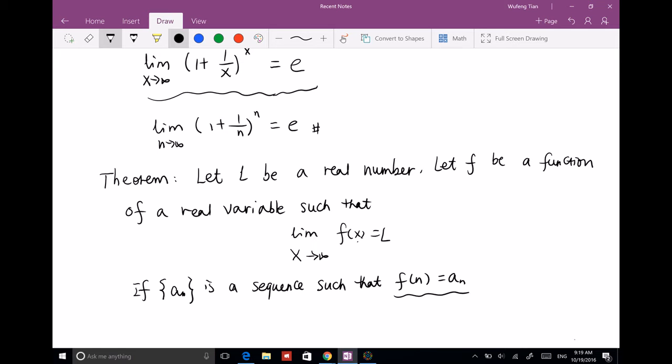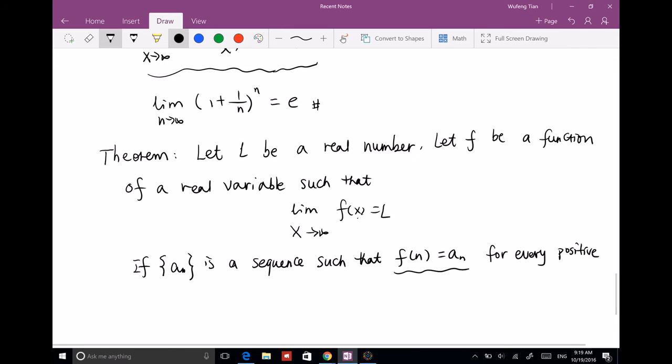But here, x is any real number, n is integers.